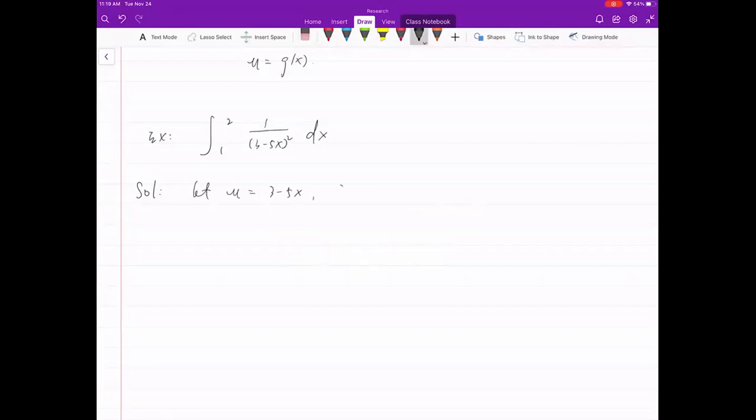Okay, du over dx is negative 5, so dx equals du over negative 5. So the whole thing becomes this.